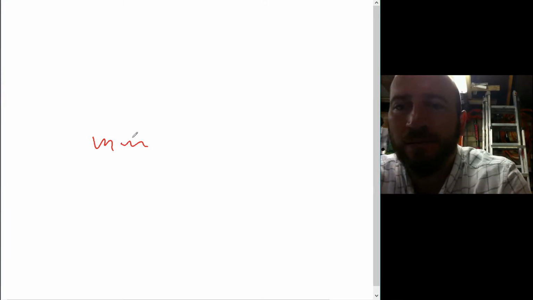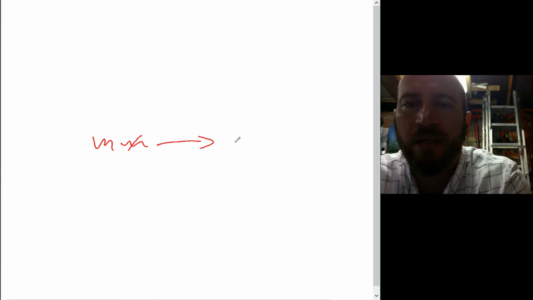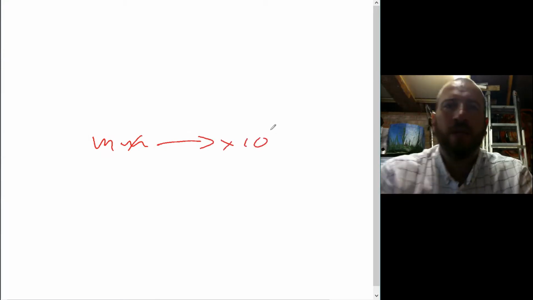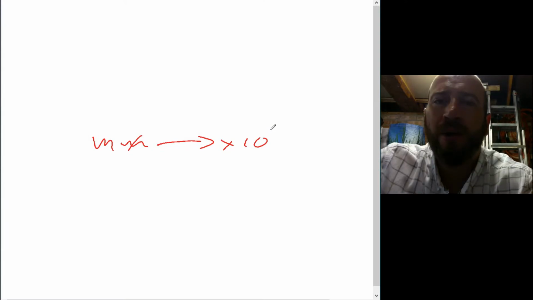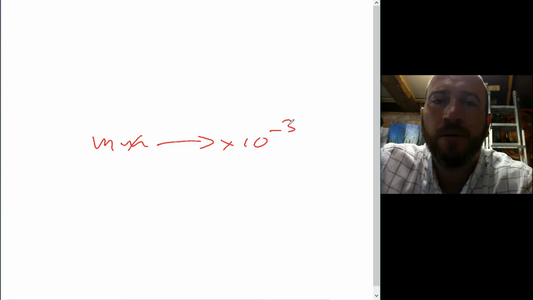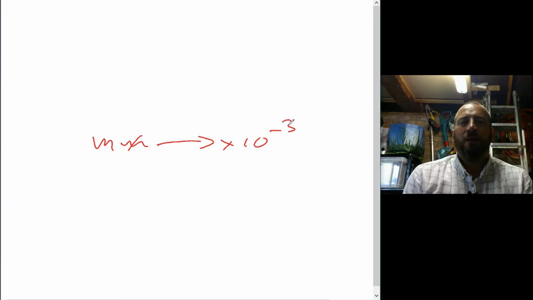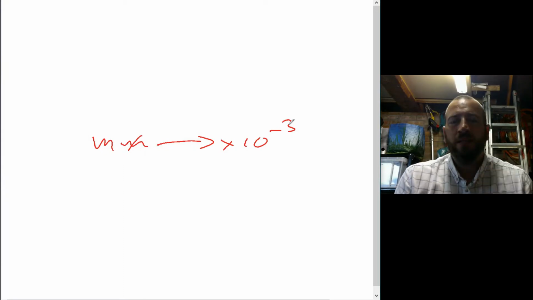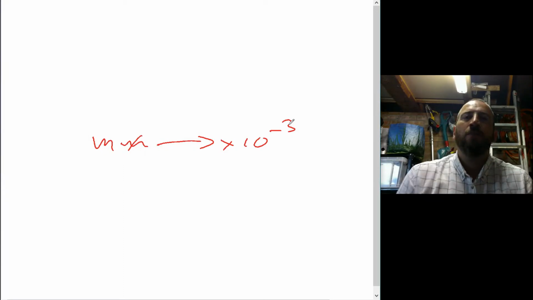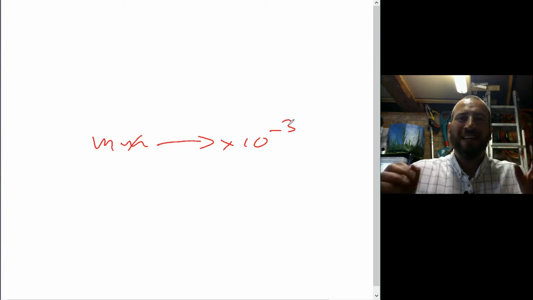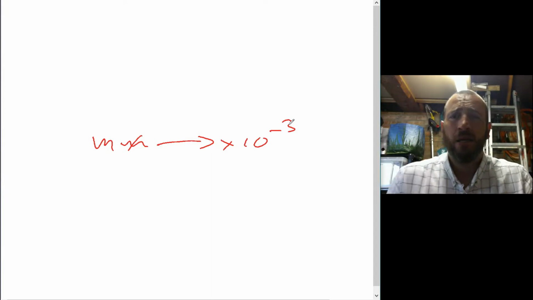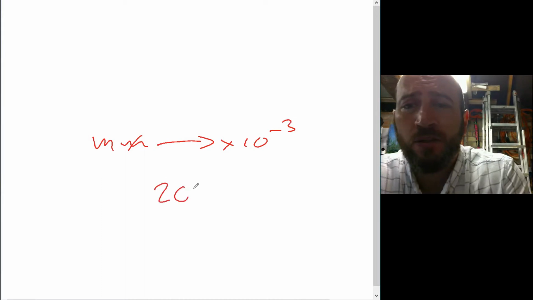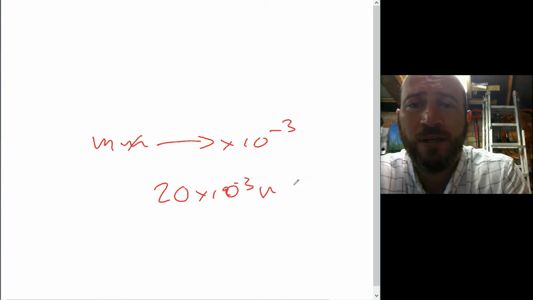Milli is times 10 to the power of minus 3. 20 millimeters is 20 times 10 to the power of minus 3 meters.